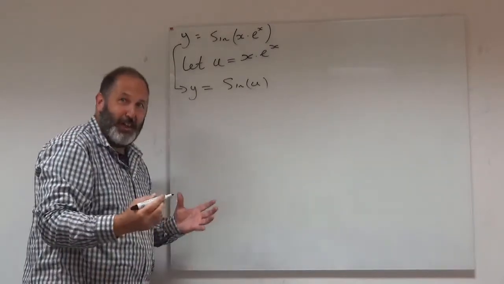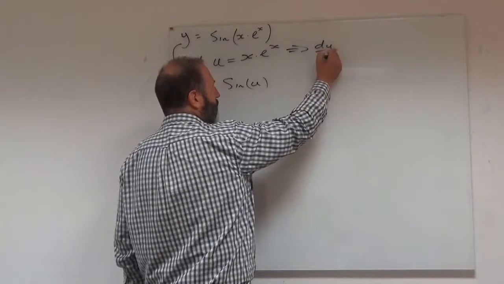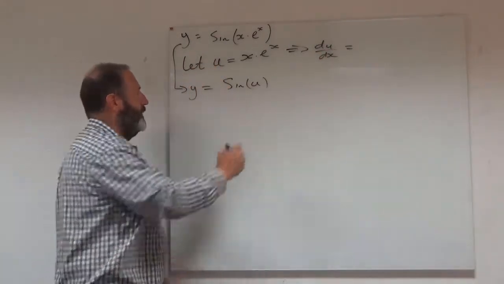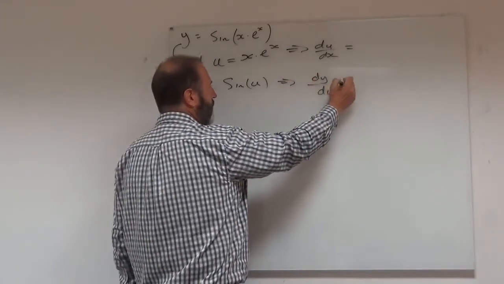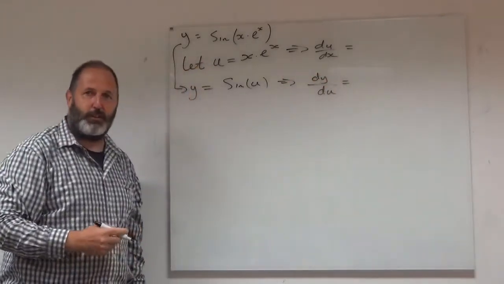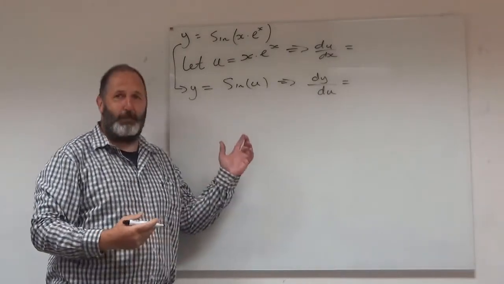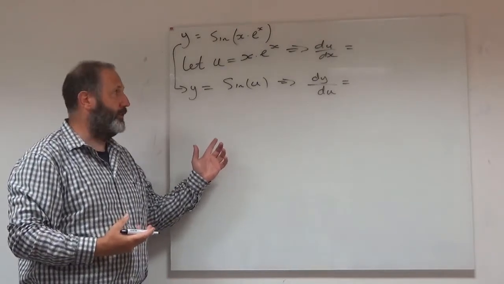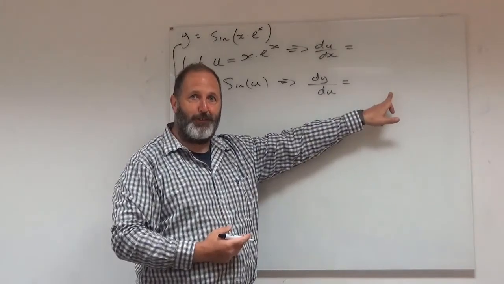Okay, so we have u and we have y. Inside our chain rule template, we differentiate u with respect to x, and we differentiate y with respect to u. And if you've seen the nicer examples on the chain rule, you'll be aware that the derivative we're looking for is just the multiplication of the two answers.